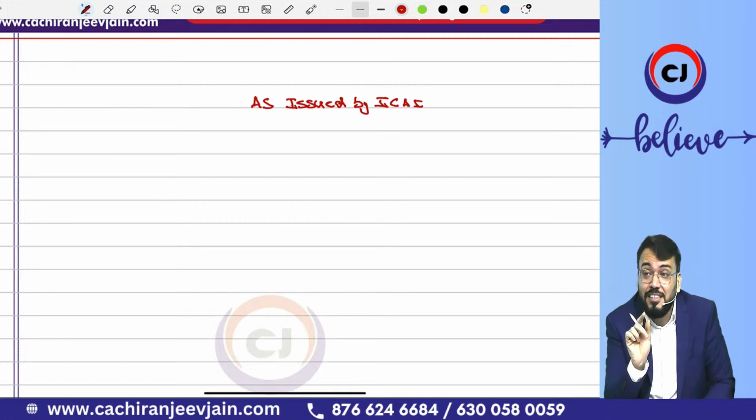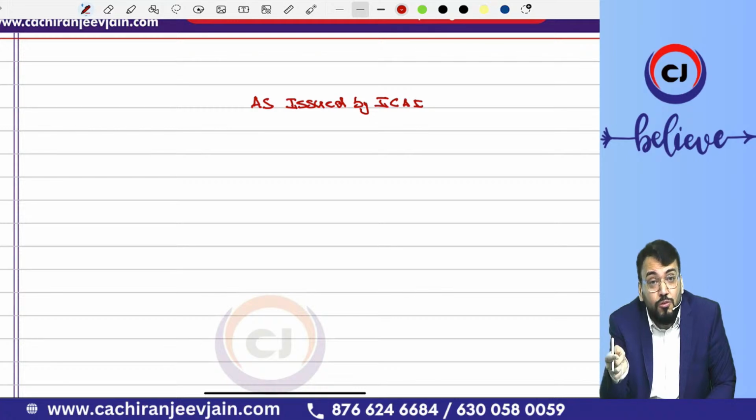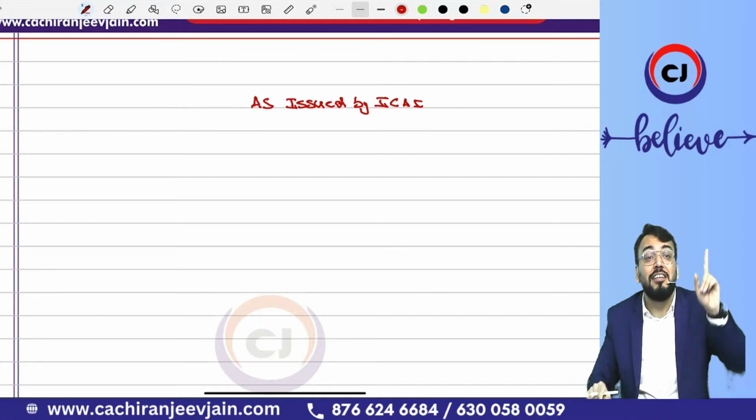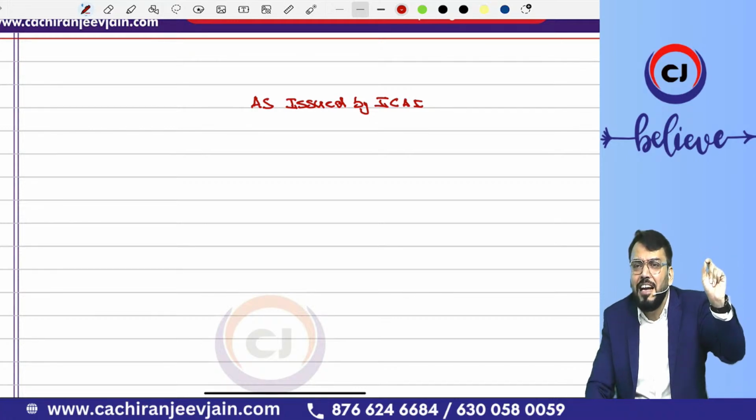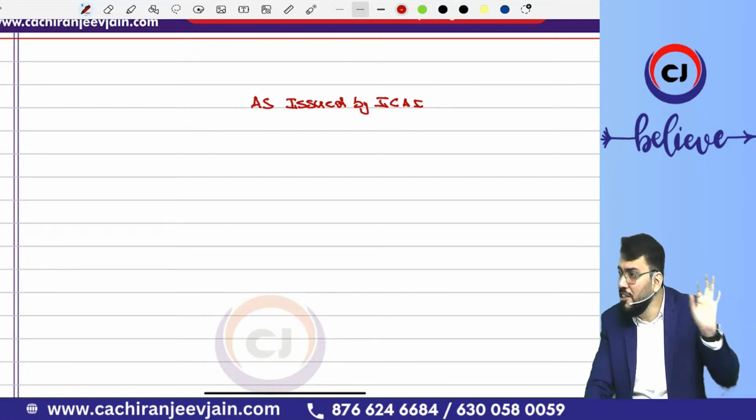So actually can I say AS initially was not a part of company's rules, because it was based on the Companies Act 1956. The Companies Act 1956 was amended only to inform one point: whatever balance sheet and statement of profit and loss we are preparing for any company, that should comply with the requirements of accounting standards. Only this point was given.